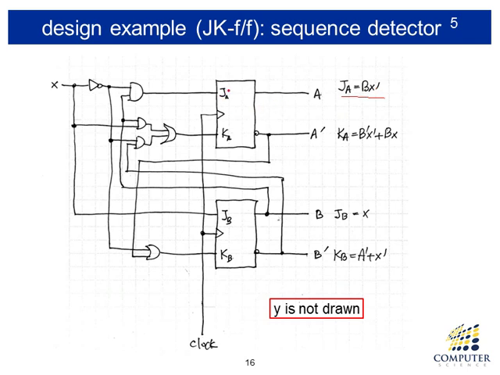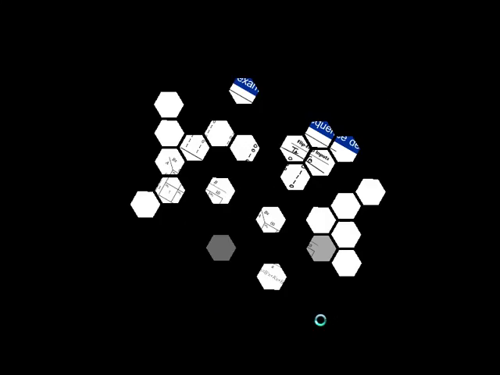So here is A B and the X naught. Something like that. You can complete the logic diagram of the sequence detector using JK flip-flops. Again, output Y is the same as the D flip-flop design, so this is not given here.